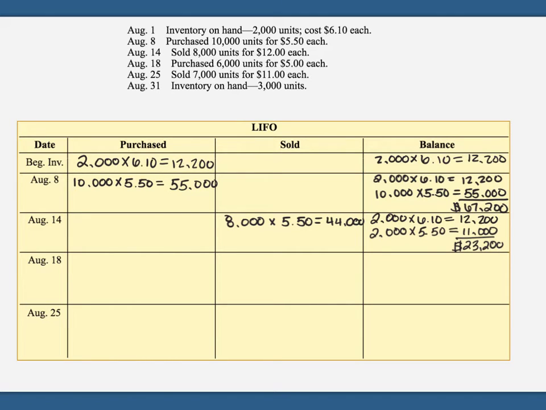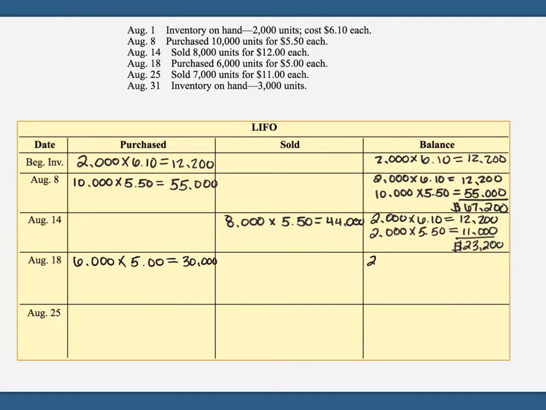Let's move to our fourth transaction, August 18th. We purchased 6,000 units for $5 each. We need to update that in the purchase column with our 6,000 times $5 a piece. It's going to equal 30,000 in total purchase.